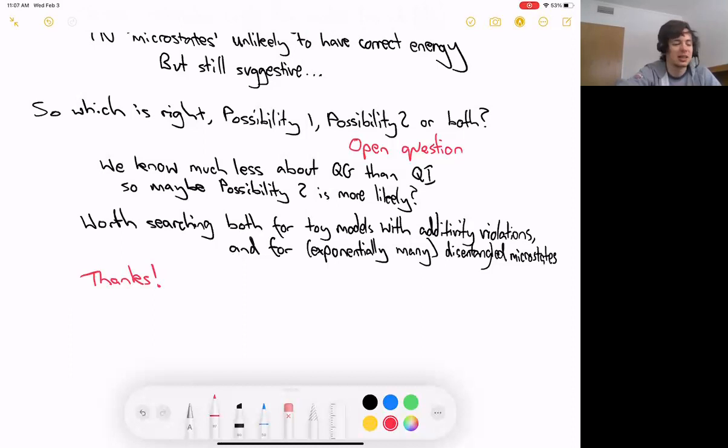I actually have a paper coming out with Netta Engelhardt and Arvin that's arguing that by causal reconstruction using the extrapolate dictionary, you can actually get significantly more than the entanglement wedge, but you still can't get behind an extremal surface.